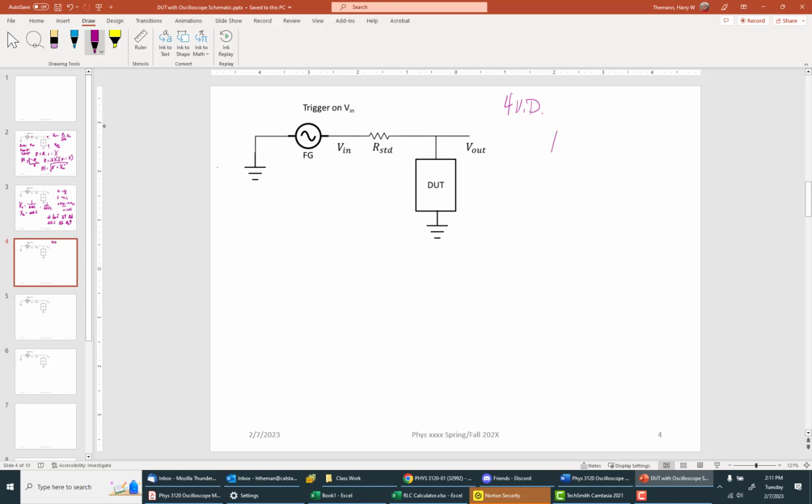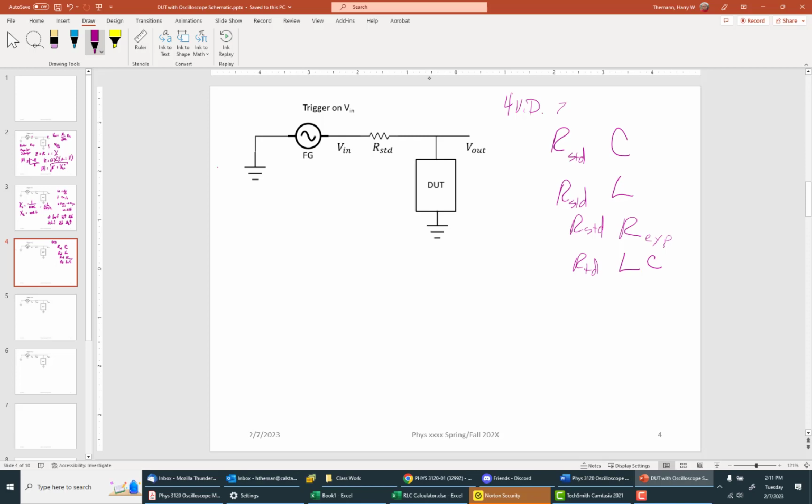One of them is going to be our standard and the capacitor. One is going to be our standard and the inductor. One's going to be our standard and our experimental. And then one's going to be our standard and an LC.